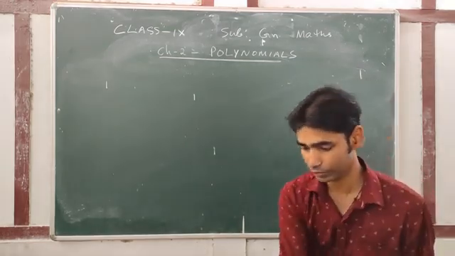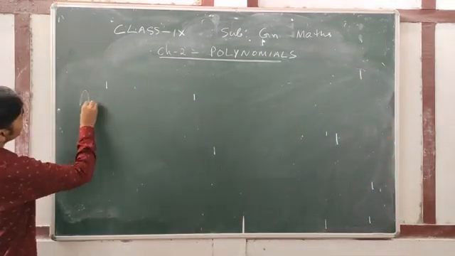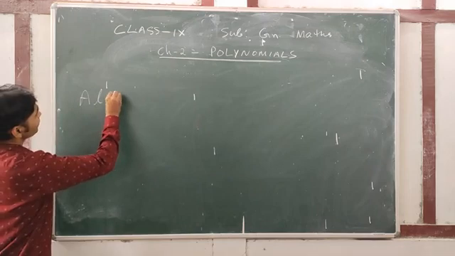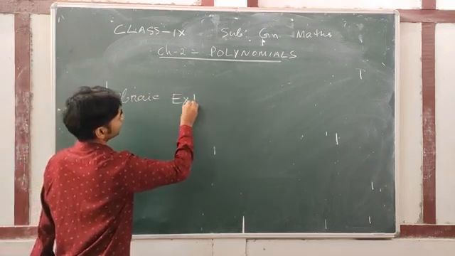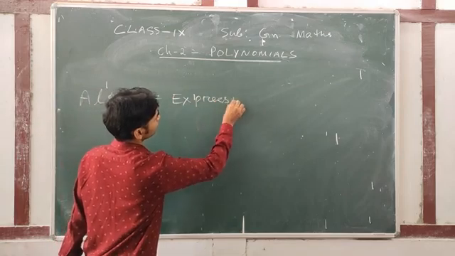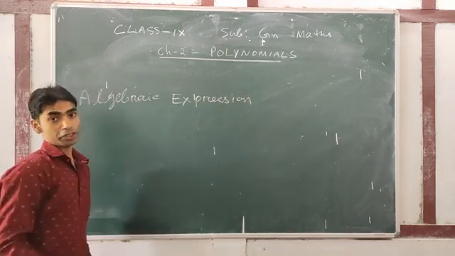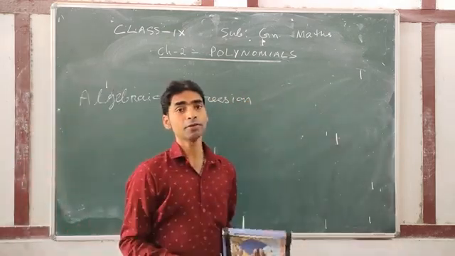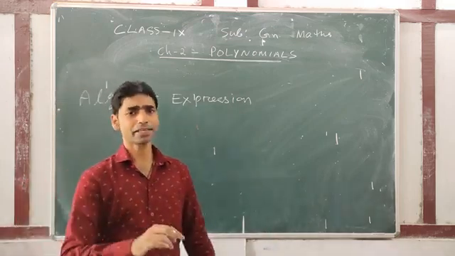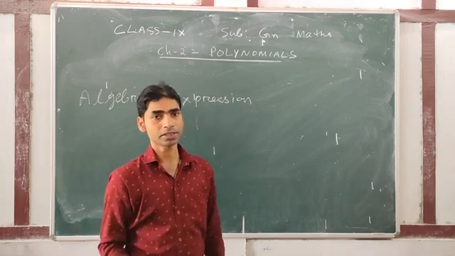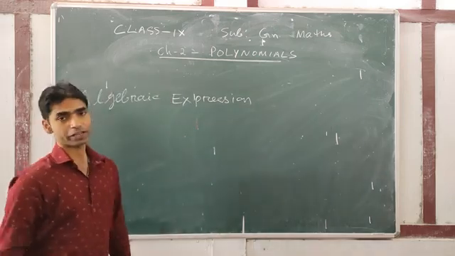Now we are going to discuss algebraic expressions. Any mathematical expression which is made up of both constants and variables, connected by plus sign, minus sign, multiplication sign, or division sign, is known as an algebraic expression.